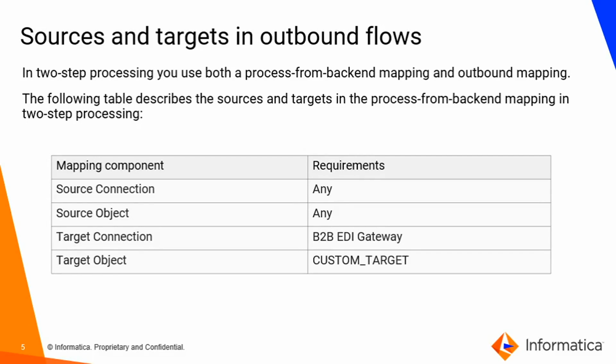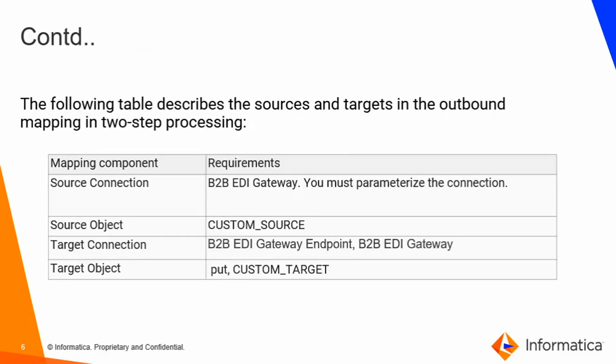As I mentioned, it has to be parameterized. The next part is the outbound mapping. It has source connection as B2B Gateway, EDI gateway, and custom source. And the target should be EDI gateway endpoint and custom target. We will cover this point while showing the demo. Let's go to the demo.